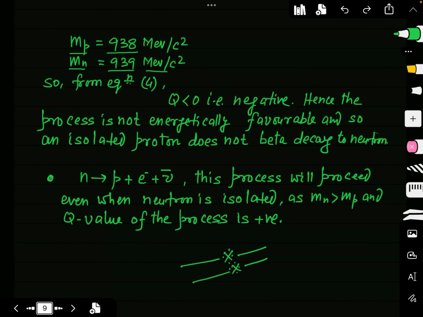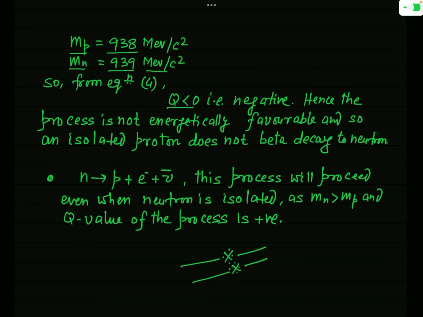And if the Q value is negative, the process is not energetically favorable. And so we simply say that an isolated proton does not beta decay to a neutron. It means if the proton is outside of the nucleus in an isolated state, it cannot be converted into a neutron.